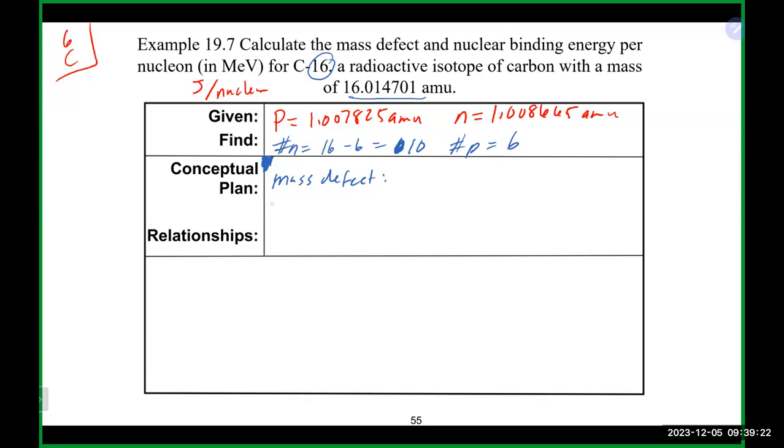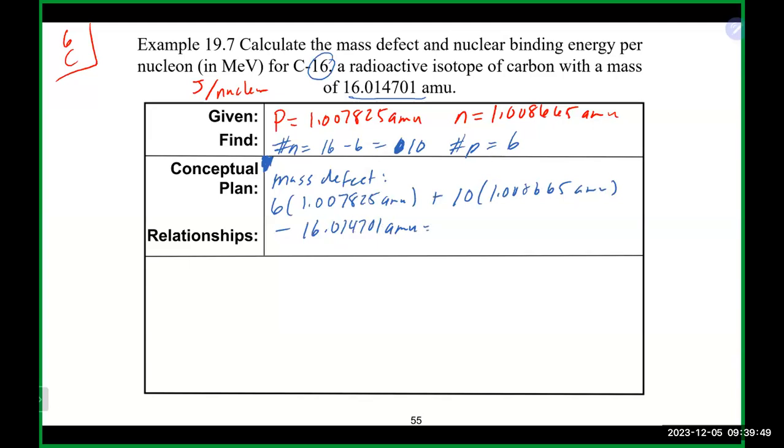So in this case, just to give us a positive number, we're going to go with 6 times our number of protons, which is 1.007825 AMU, plus 10 times 1.008665. I'm going to subtract that from what was given to me as 16.014701.